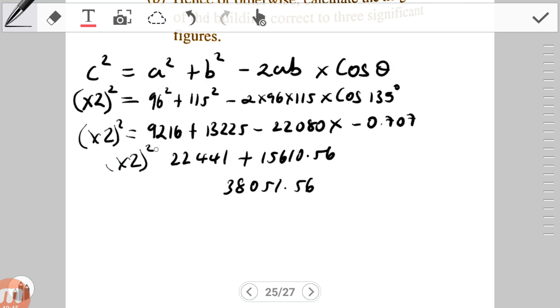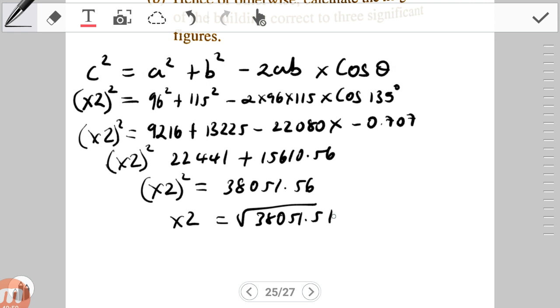So xz then would have been equal to the square root of 38,051.56. So shift square root, 38,051.